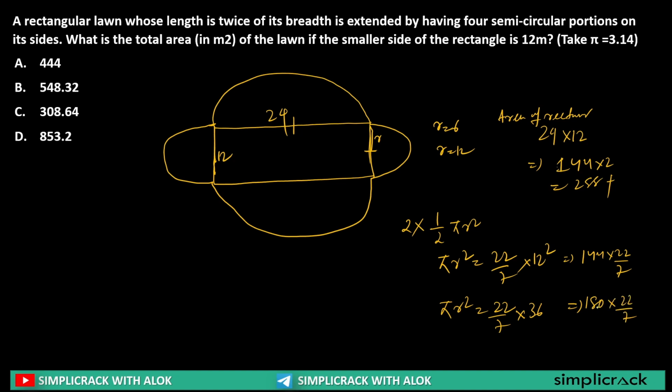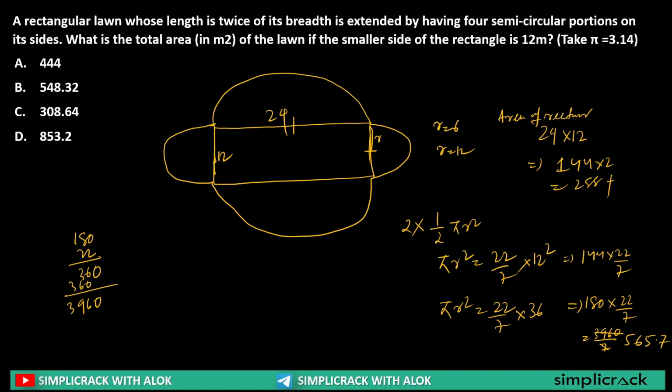The total area of the circles, 180 into 22 by 7, can be written as 3960 by 7, which is around 565.7. Okay, the total area will be around this number.